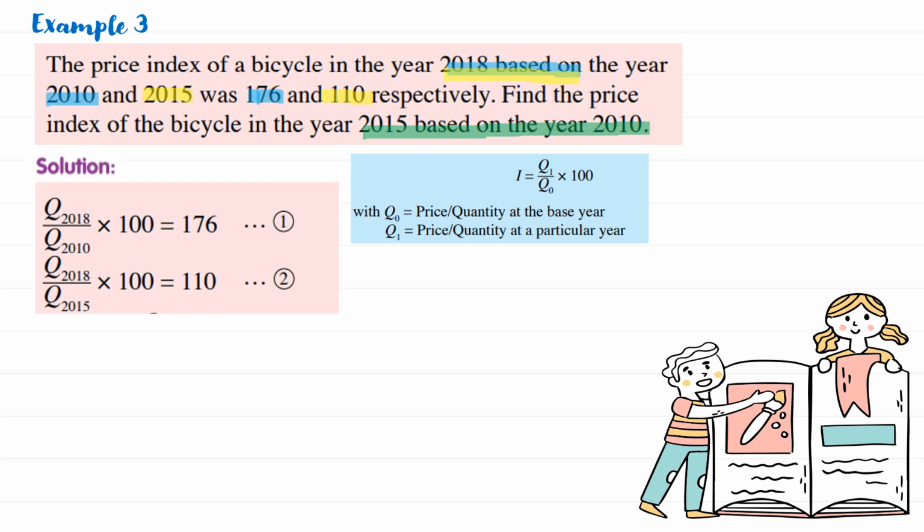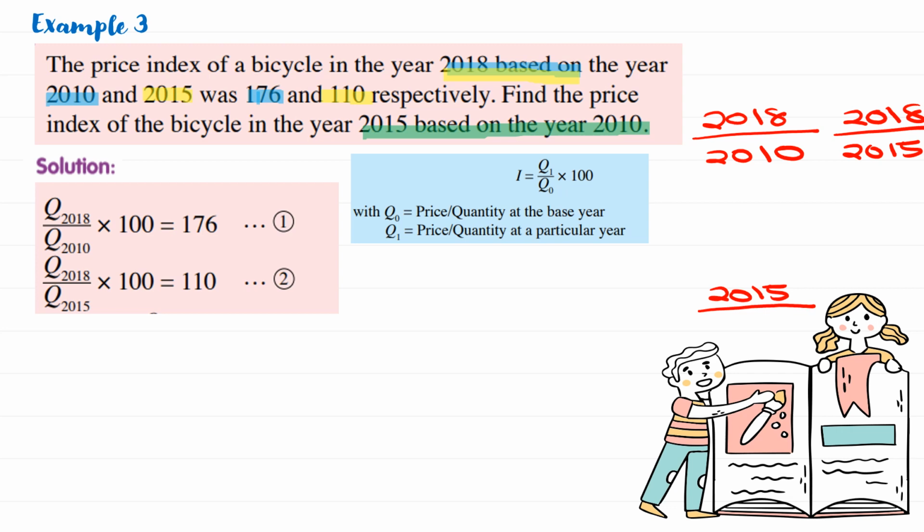Let's write the first one, 2018 based on 2010, and the second one, 2018 based on 2015. What you need to do with these two pieces of information is divide.